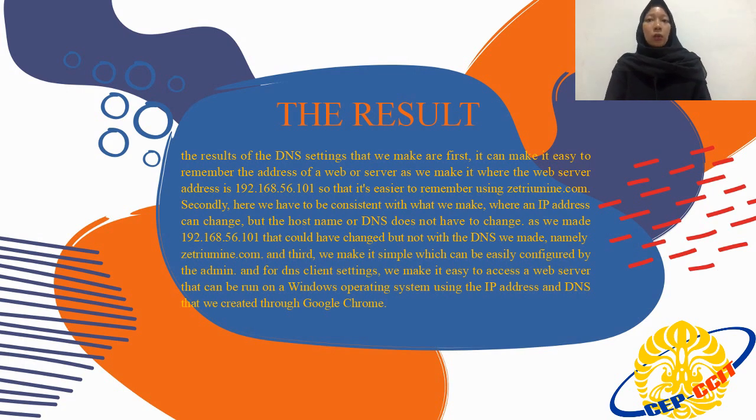And third, we made it simple, so it can be easily configured by the admin. And for the DNS client setting, we made it easy to access a web server that can be run on a Windows operating system using the IP address and DNS that we created in Google Chrome.